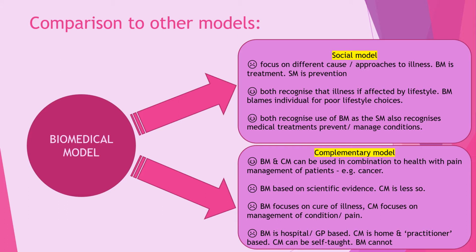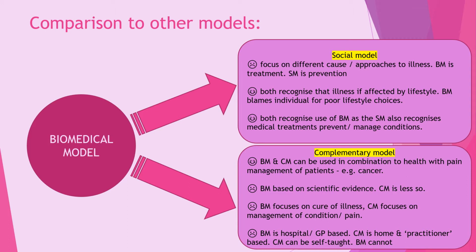The social model sees people as a victim of life choices and options. And they both recognise that medical treatments do prevent and manage conditions. So there is some similarity between the biomedical and the social. The one difference is the cause. So biomedical is all about treatment of an illness, whereas social models are more about preemptive prevention of an illness.